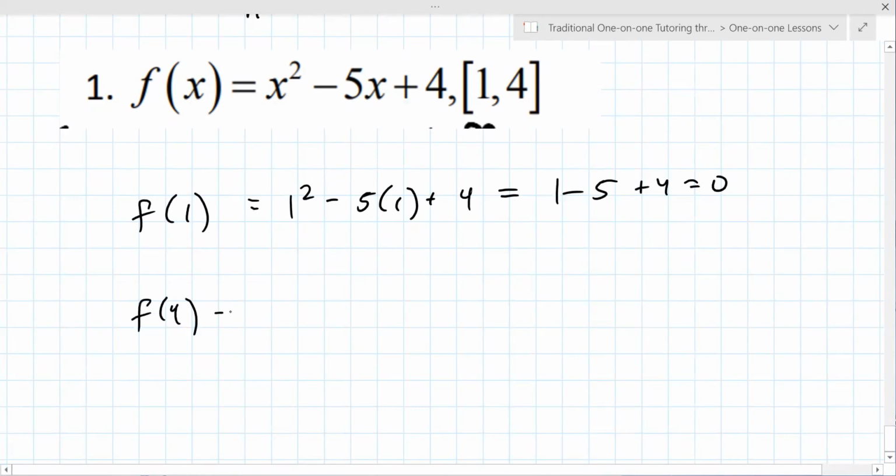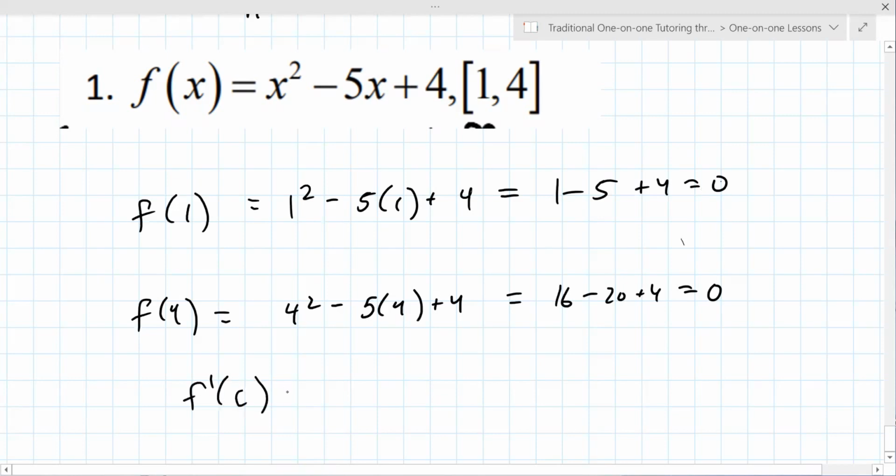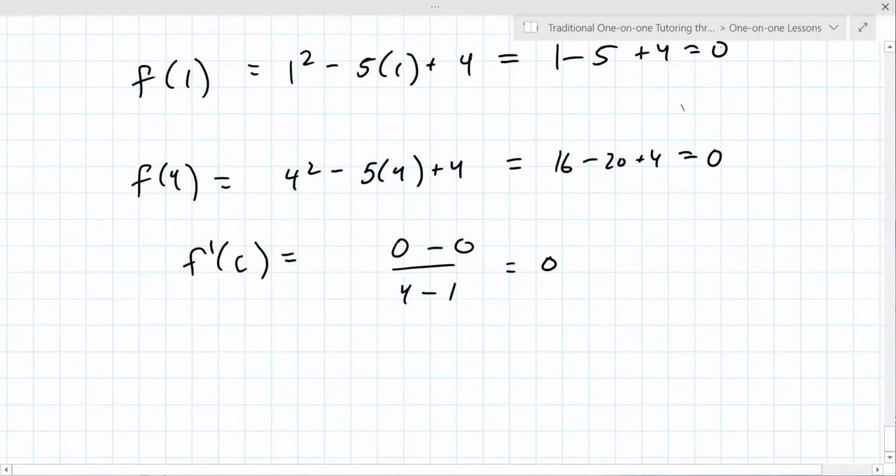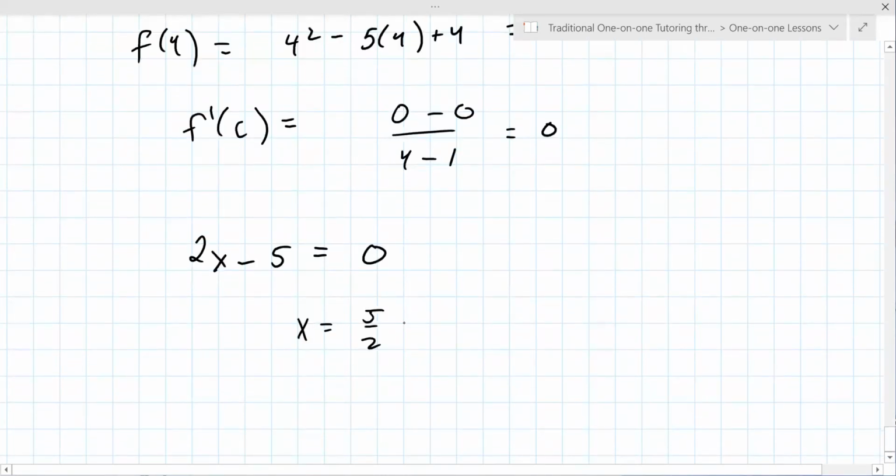And then f of 4 is 4 squared minus 5 times 4 plus 4. 16 minus 20 plus 4 is also 0. So see how these endpoints are the same? Yeah. Okay. If you do the mean value theorem, f prime of c, you're just doing 0 minus 0 over 4 minus 1, which is still 0. Because those have to be equal in order for you to do what you're about to do. Yes. Right. Okay. I remember. So then you take a derivative. Your derivative is 2x minus 5, and you set that equal to 0. And so x equals 5 halves, or 2.5, and you make sure that it's in the window.